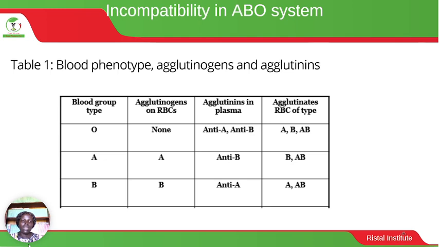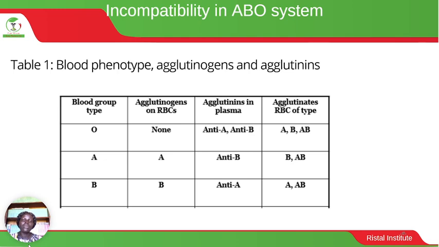So then the next one right here, we have blood group type AB. The blood group type AB has the agglutinogens A and B, and they do not have any anti, and for that reason, they cannot agglutinate with any of the blood.